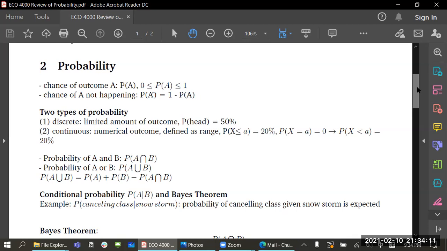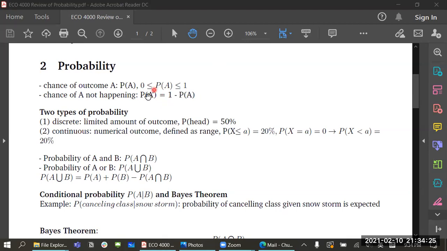If there's an event called A, then there's an event called the opposite of A, which we call A prime. So the probability of A prime is 1 minus the probability of A. That is not hard to understand, I hope.